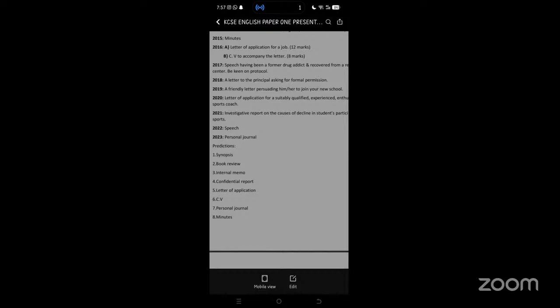And 2021: an investigative report on the cause of decline in student participation in schools. 2022: speech. 2023: personal journal, prediction.